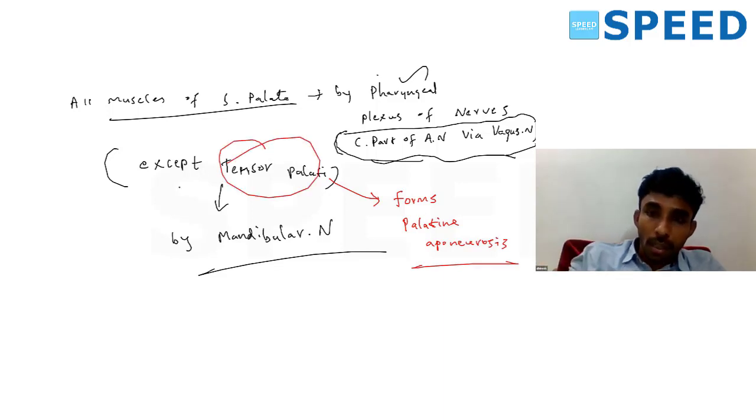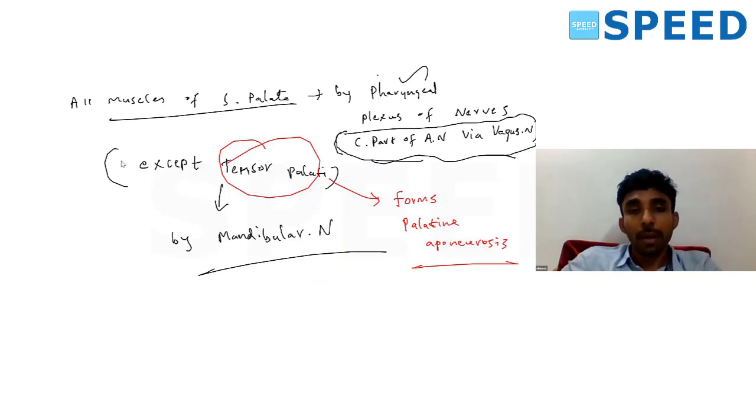And one more important thing about the soft palate we have to remember is the taste sensation. Taste sensation, otherwise we can say special sensation, from soft palate is carried by which nerve? This has been asked.